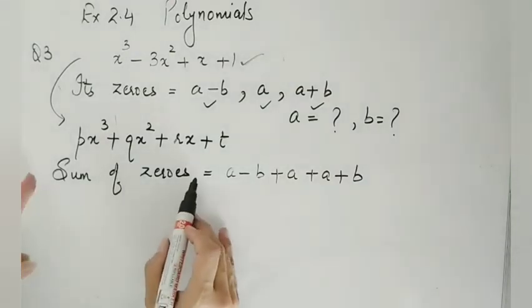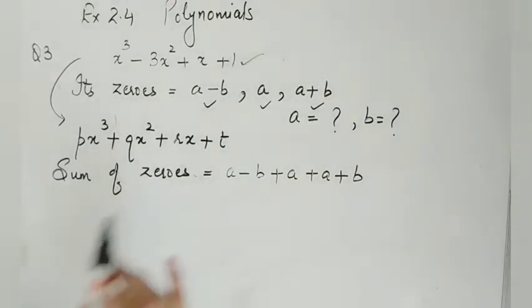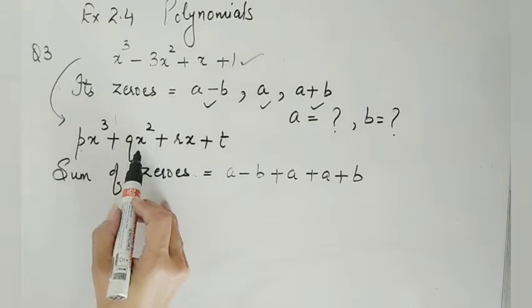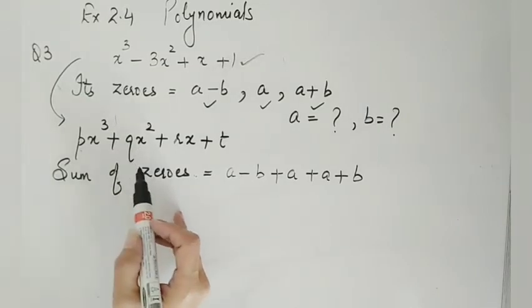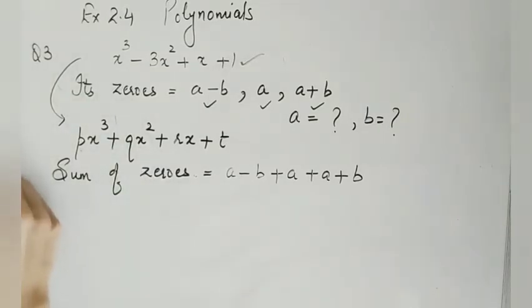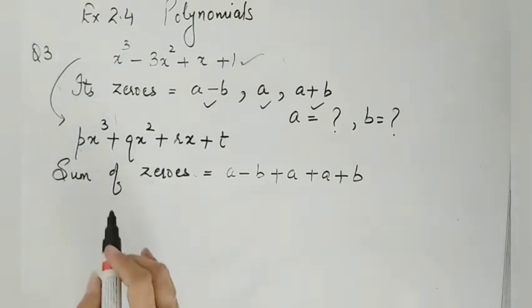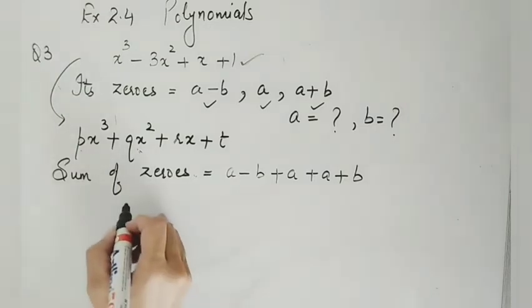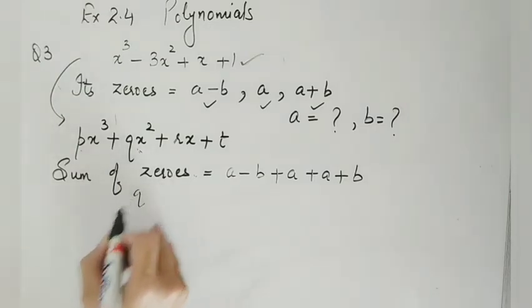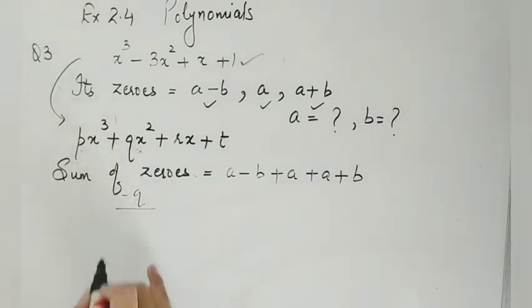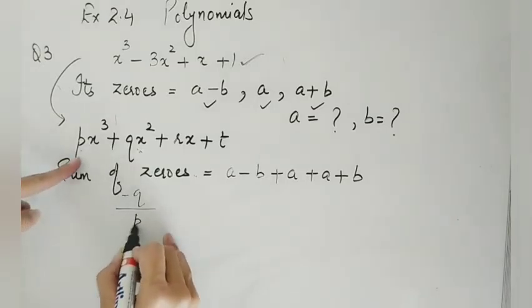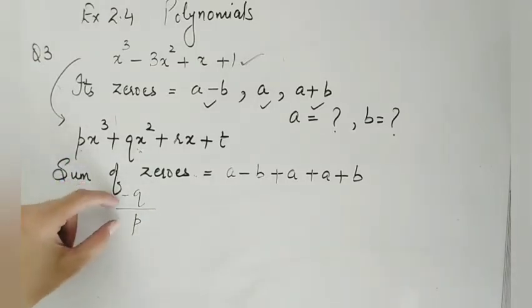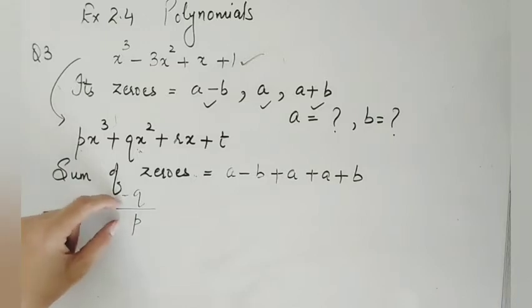Now how do we write sum of zeros? Generally we say it's minus b by a, where b is the coefficient of x square. So here it would be minus q upon p. When I say minus q by p, what is minus q here?